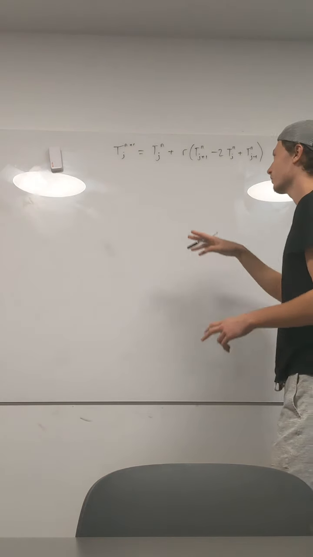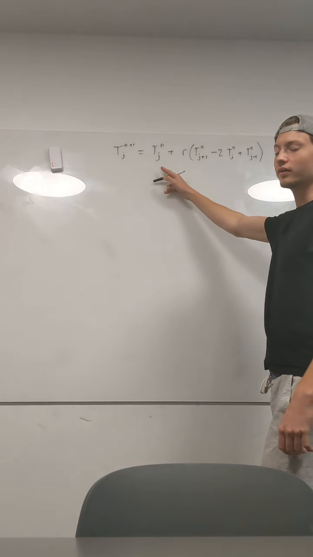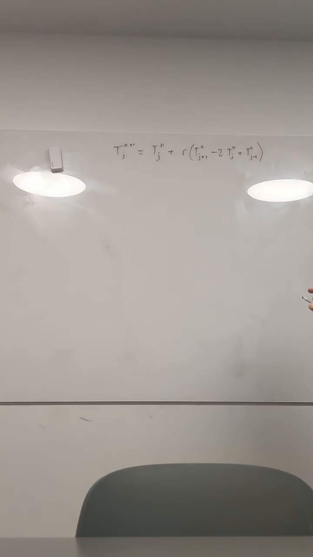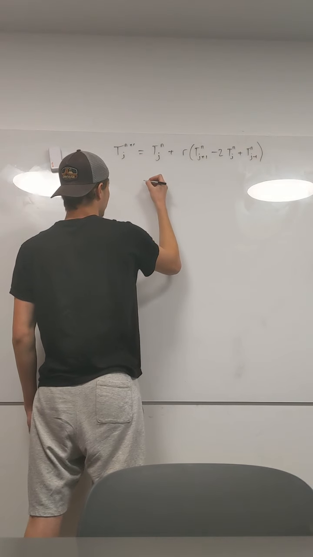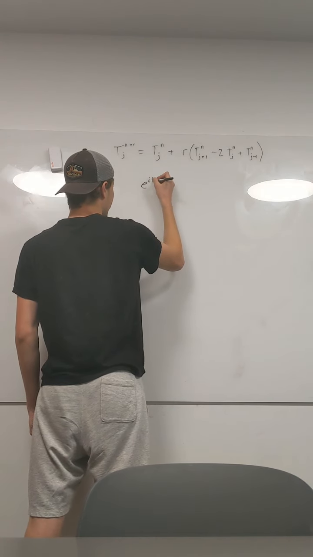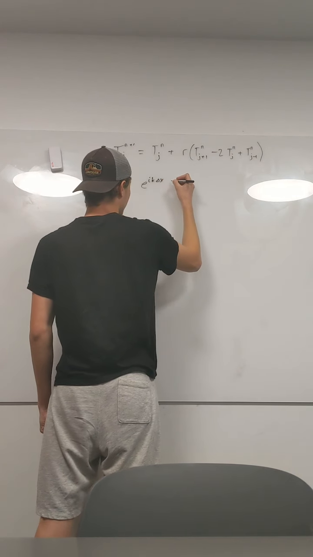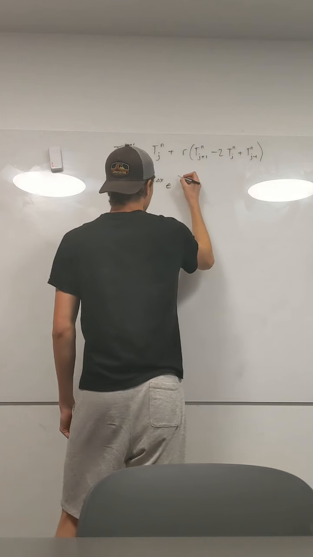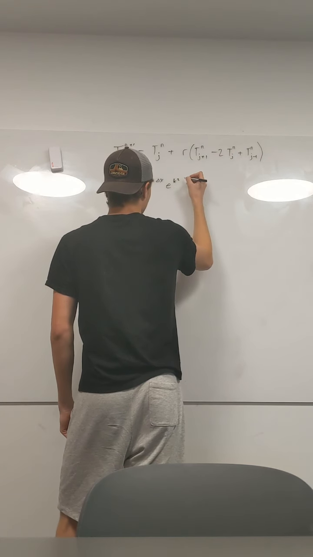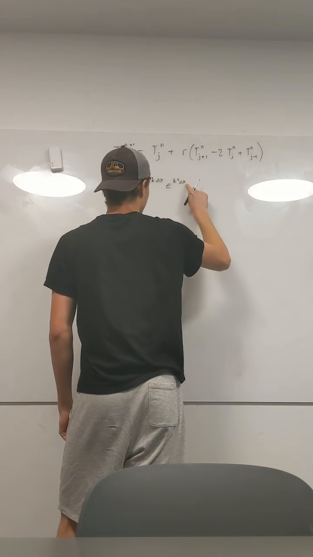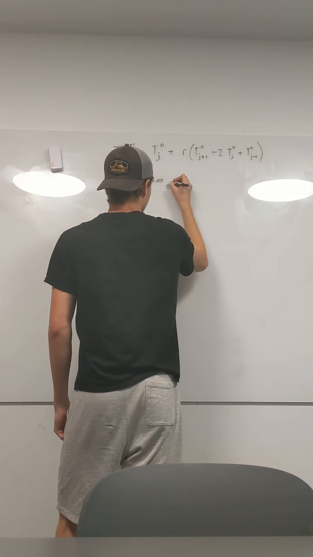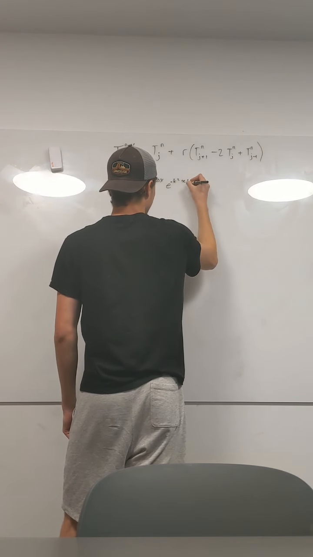Alright, so what's important about this equation is that we know from the first part of this series that we use the equation of e to the i k change of x multiplied by e to the negative alpha k squared t.